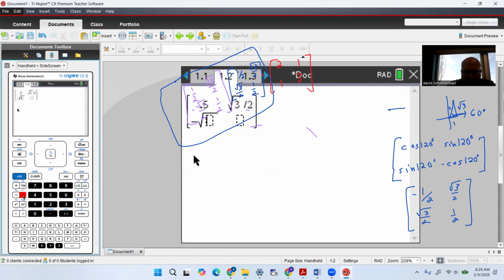This is just a little tedious typing it, but way easier than doing it by hand. And I'm just using 0.5s as all my halves.